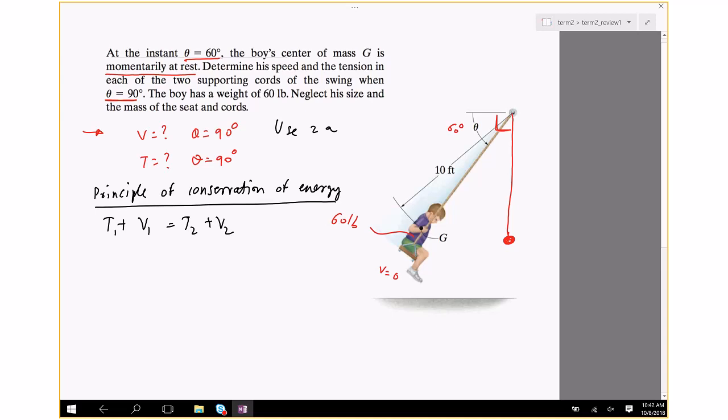I could choose the datum here. That's one option. Why don't I choose the datum here, just to give some variety, but you'll see that the answer does not depend on where you choose the datum. You should get the same answer. Let's choose this to be the datum, that is when G is at 60 degrees.